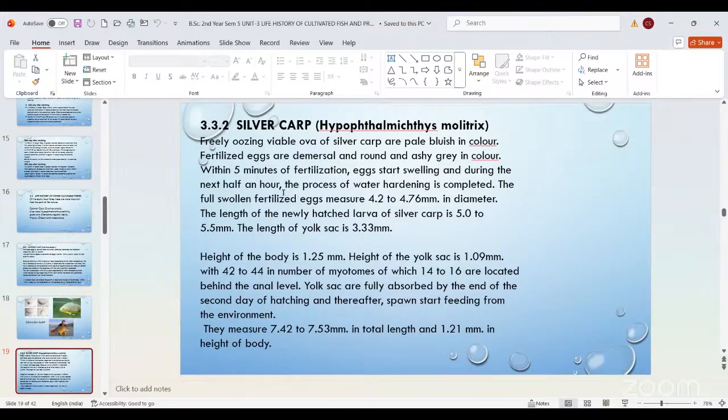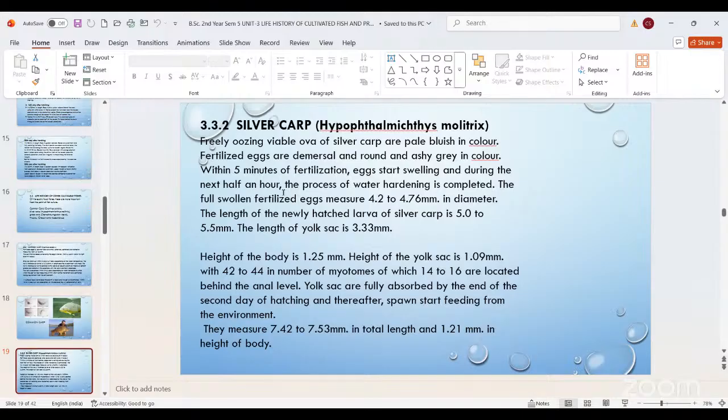The length of the yolk sac is 3.33 mm. Height of the body is 1.25 mm. Height of the yolk sac is 1.09 mm, with 42 to 44 myotomes, of which 14 to 16 are located behind the anal level.